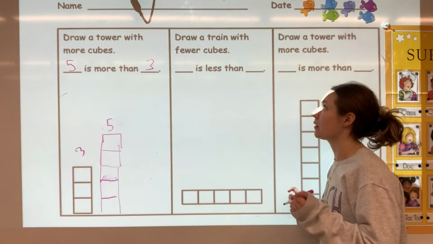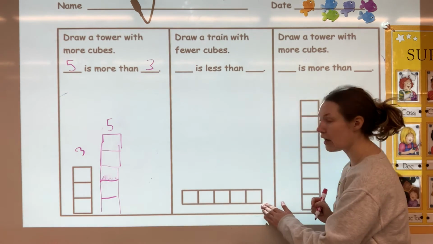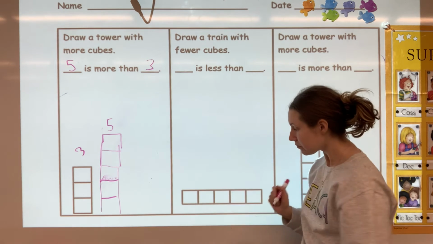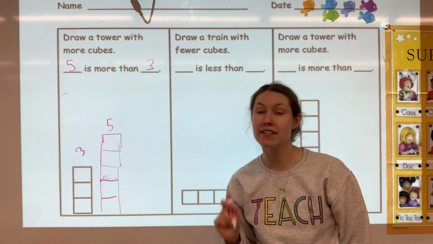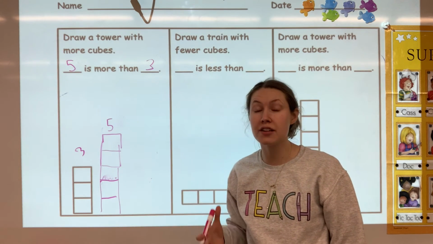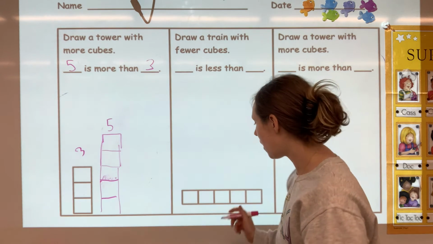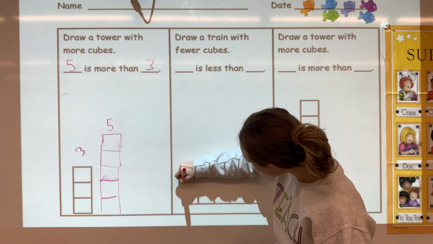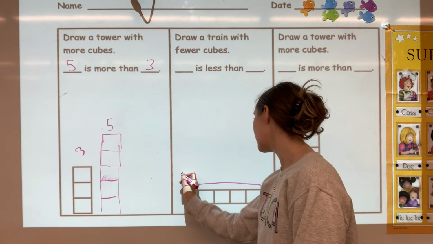Let's look at our next one. It says draw a train with fewer cubes. Now, a train is when we turn our towers sideways. We have our little cube train here. Now, I see 1, 2, 3, 4, 5 in this cube train. I need to draw a train that is fewer, so it is less. So I'm going to draw 5 like they did, but then I'm going to take some away, just so I can copy what they have here.